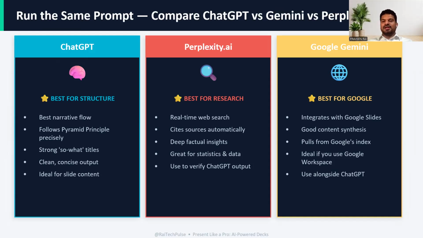My personal workflow: I use Perplexity AI for research and fact checking. Then I feed those insights into ChatGPT to build a structured narrative. Then I move to design, which we cover in part three. Try all three now and drop your favorite in the comments and chat box once you get the output.